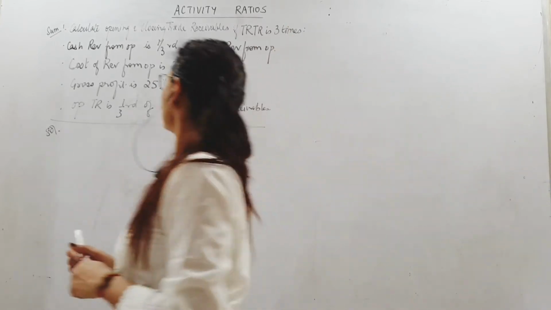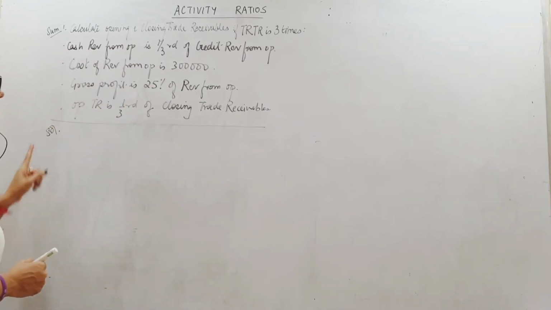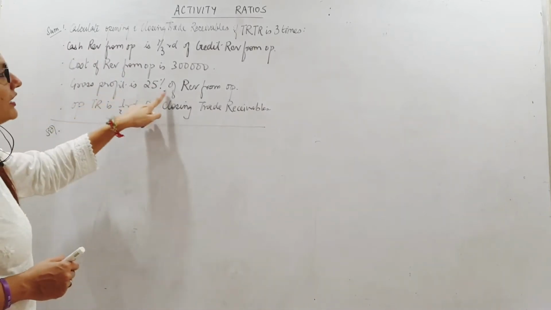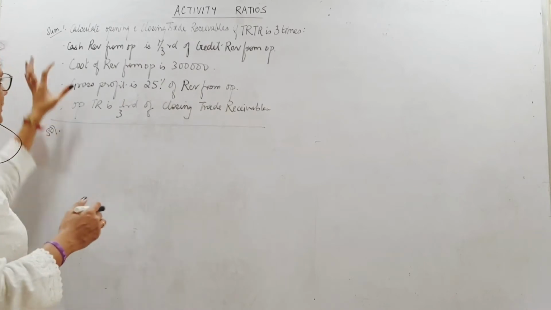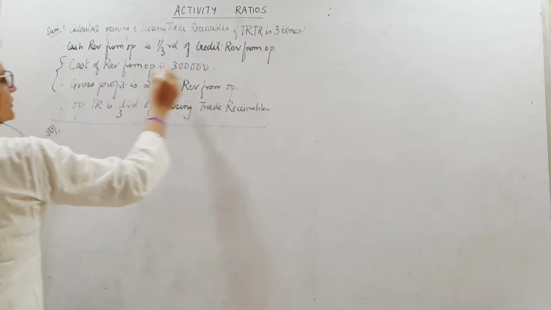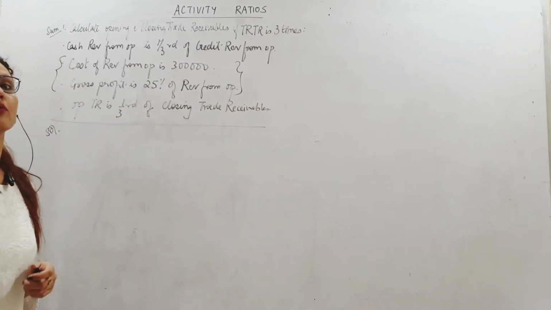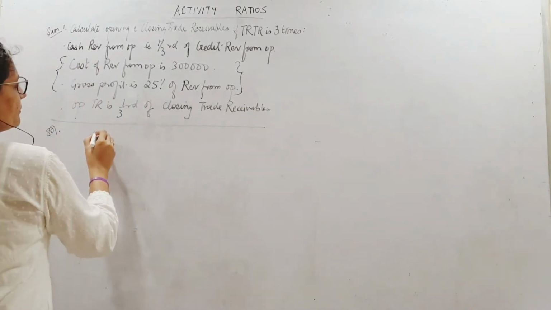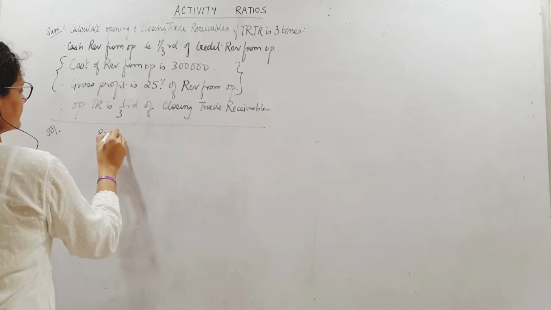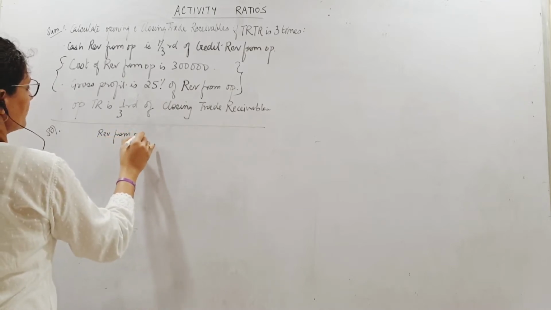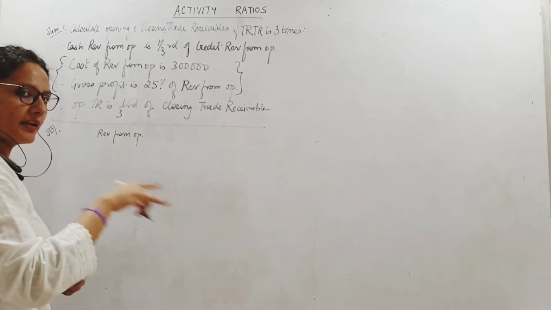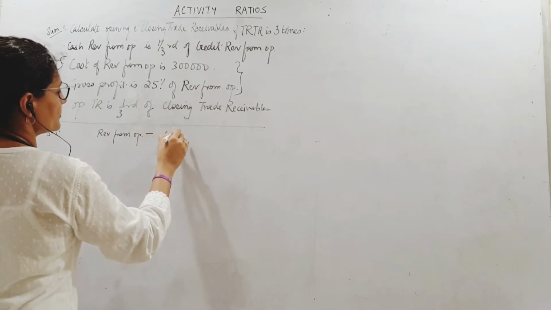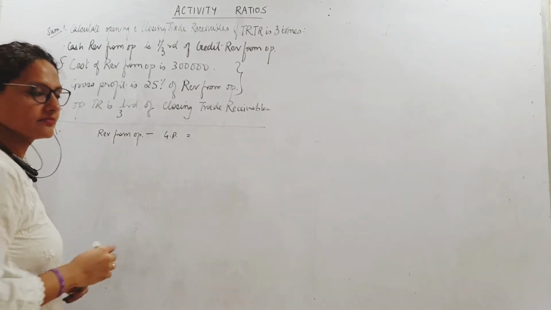So cost of revenue from operation is 3 lakh and gross profit is 25% of revenue from operation. These two things can be used to find out revenue from operation. Now if I subtract the gross profit from revenue from operation, what will I get?